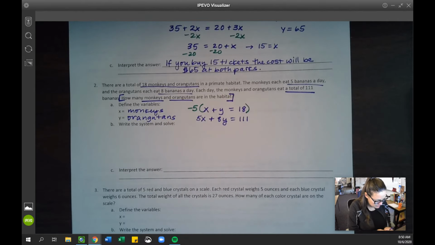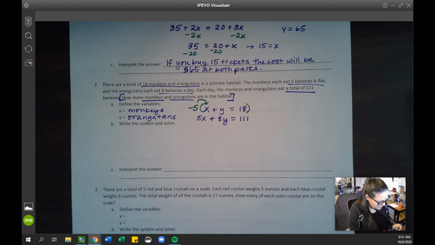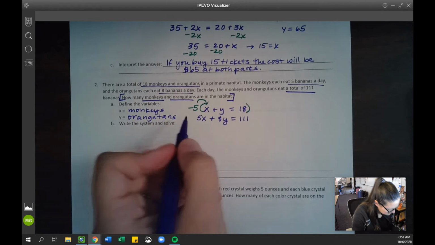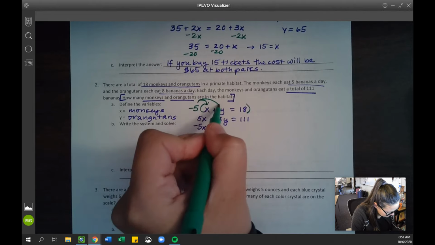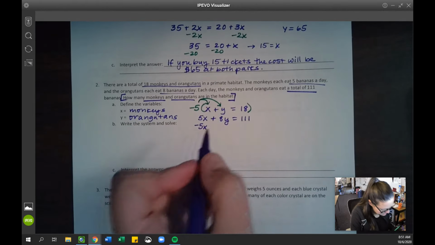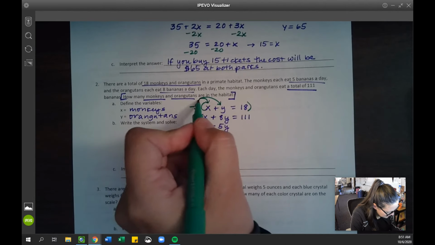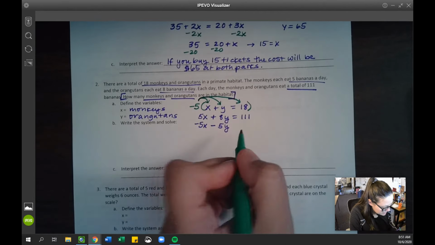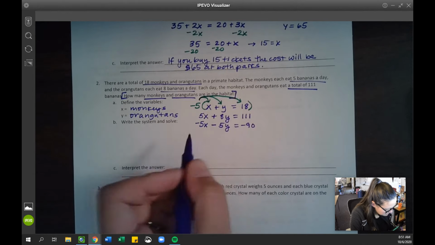which gives me negative 5x, negative 5 times y is negative 5y, negative 5 times 18 is negative 90.